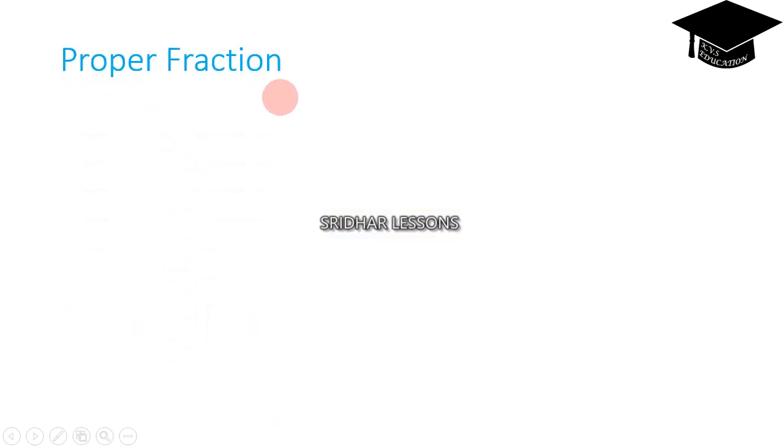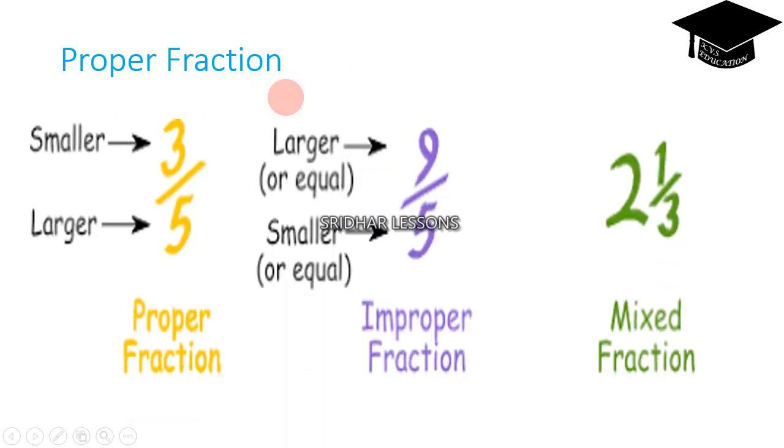Proper fraction. What is a proper fraction, what is an improper fraction and what is a mixed fraction? For the proper fraction, the fraction will be like this, that means 3 by 5. In this, the numerator has a smaller value when compared with the denominator. Listen carefully.